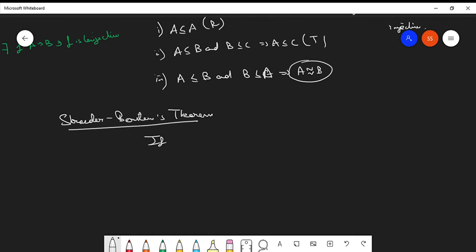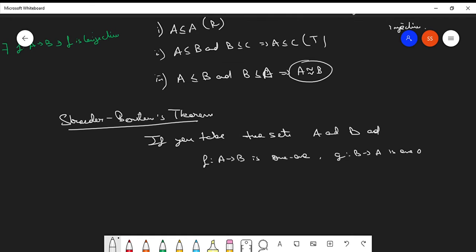It says that if you take two sets A and B, and f from A to B is one-one, and g from B to A is one-one, then there exists a function from A to B which is a one-one correspondence, or bijective.